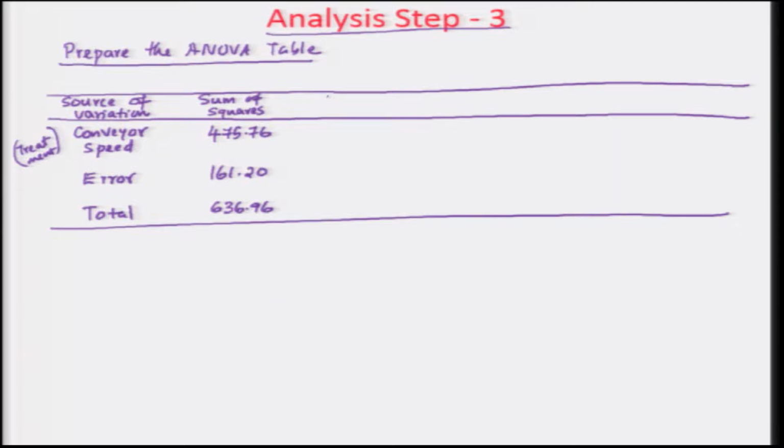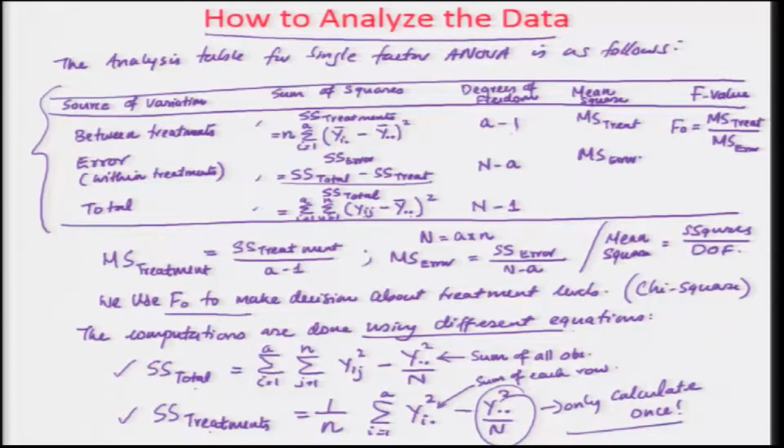Then we calculate what we call the degrees of freedom. As I said earlier in the ANOVA table, degrees of freedom are a minus 1, N minus a, N minus 1. So, let us do a minus 1.